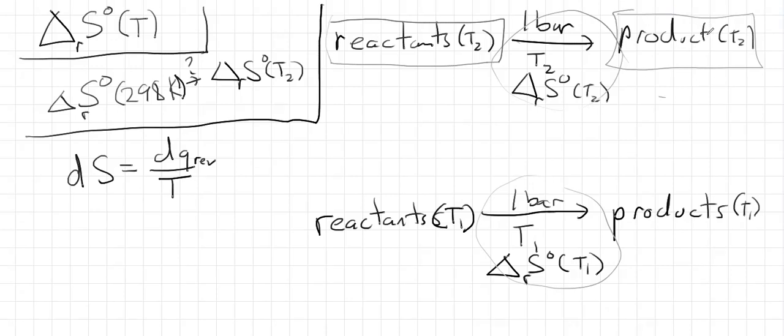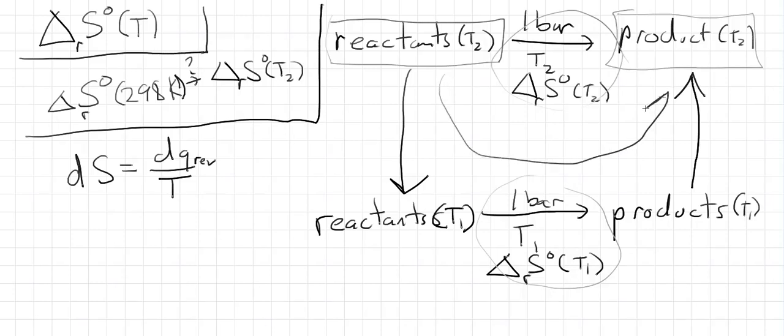And we can do that if we say, well, wait a minute, what if we started here and cooled everything down to T1 and then did a reaction, and then we took the products and heated them up? Well, because entropy is a state function, we know that this roundabout path is going to have the same delta S as the direct path.